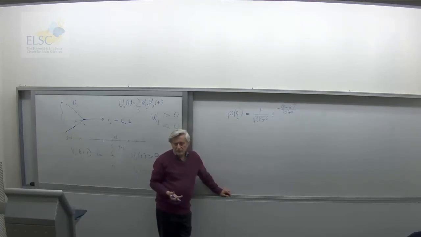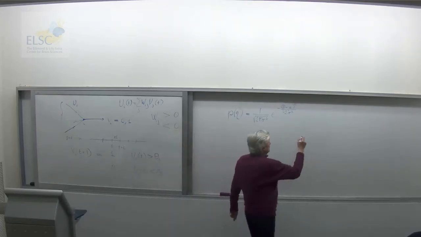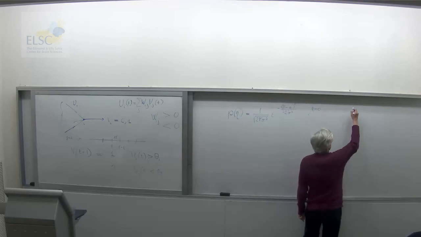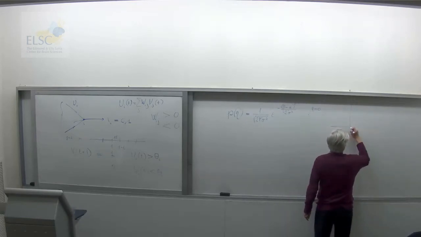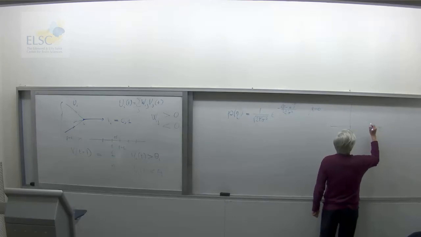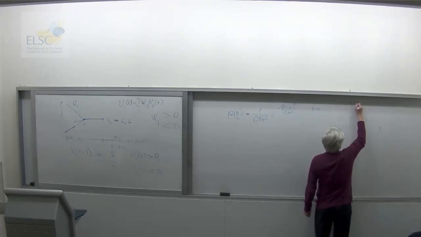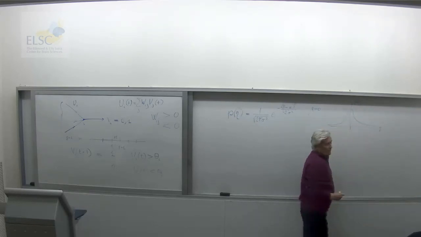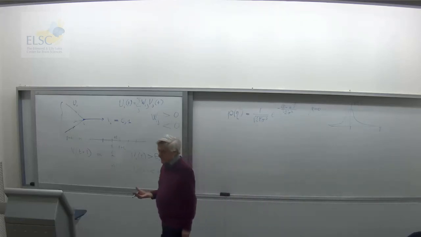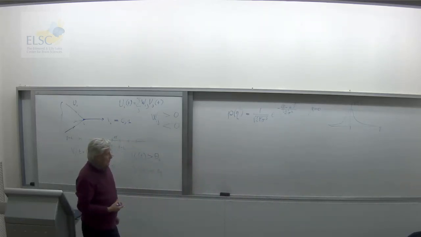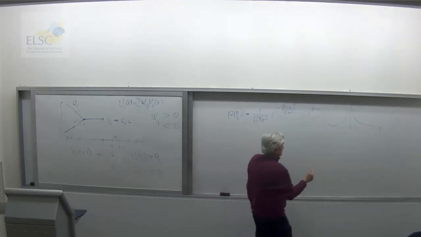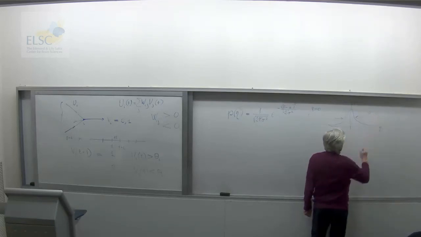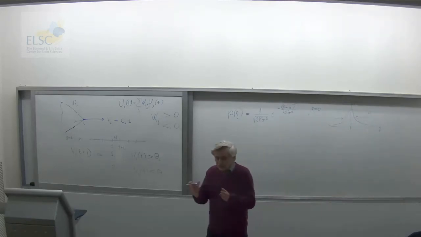Mu is the mean of the distribution, and we shall assume that mu is 0, and sigma is something that, very roughly, if this is eta and this is p of eta, then it looks like that. The maximum is at eta equals 0, and this width is roughly determined by the value of sigma, which is the spread of the distribution.